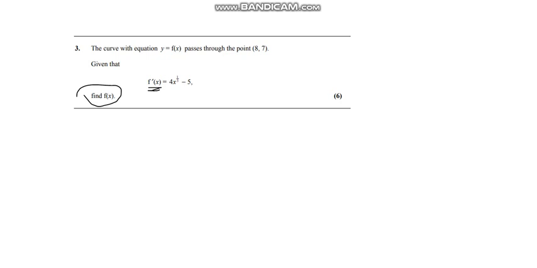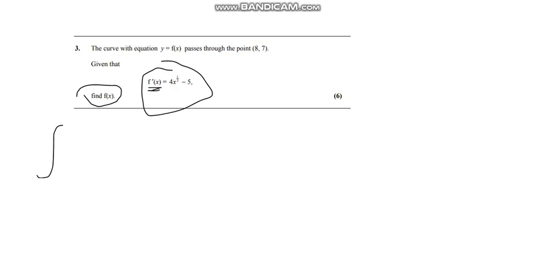And how to find f of x? We simply have to integrate this whole function to get f of x. So let's get started. Now how to integrate?